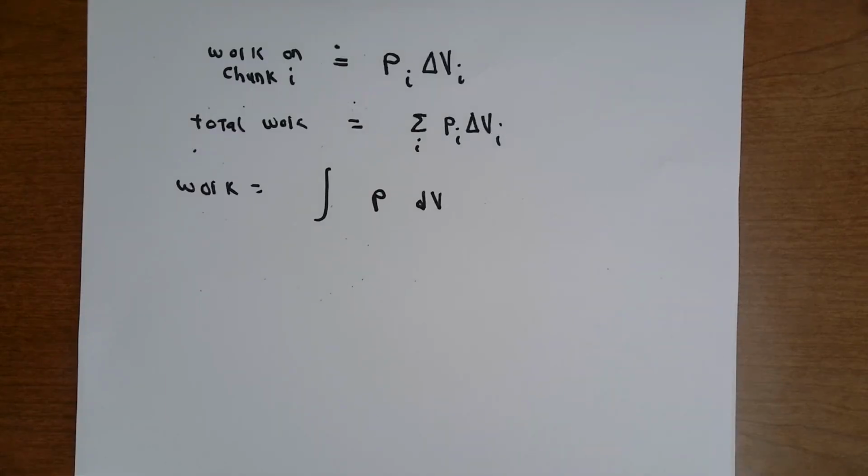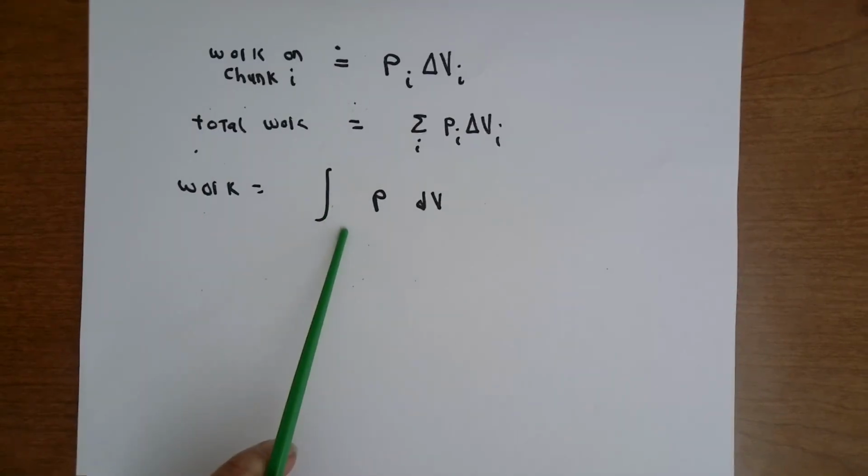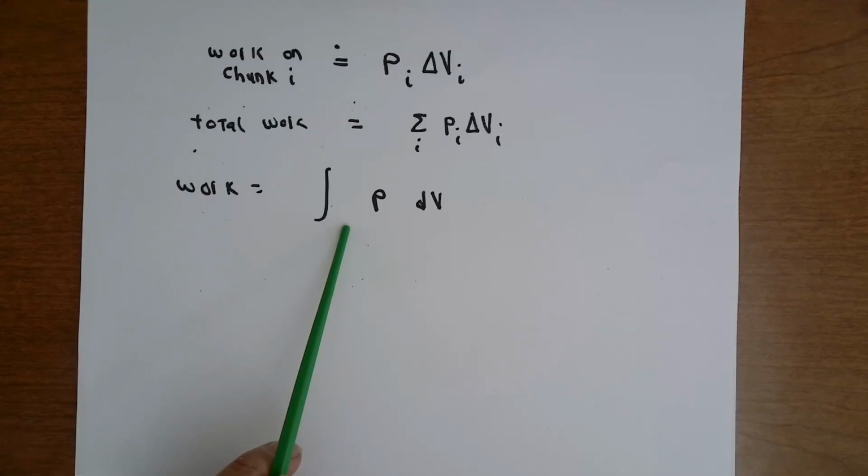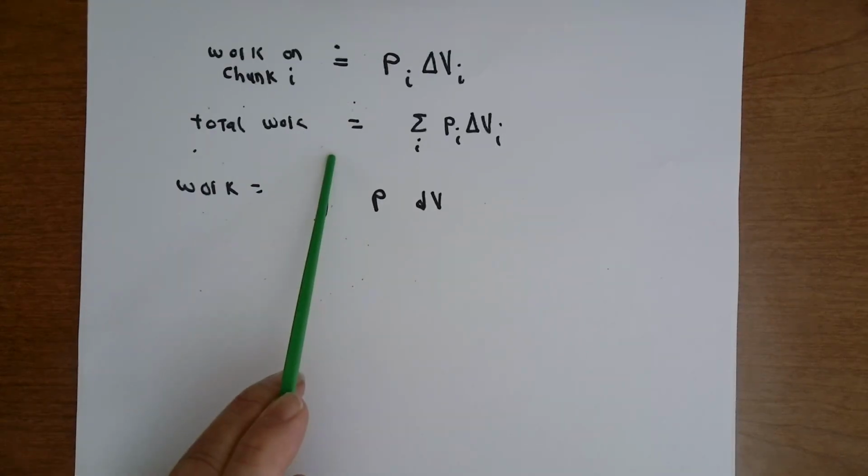Adding up those estimates, taking the limit as delta x goes to 0, which means all of the delta V's go to 0 also, I find out that the work is going to be the integral of the pressure with respect to volume. I'm integrating with respect to volume. The limits of integration need to be the volume at the start of the situation and the volume at the end of the situation.